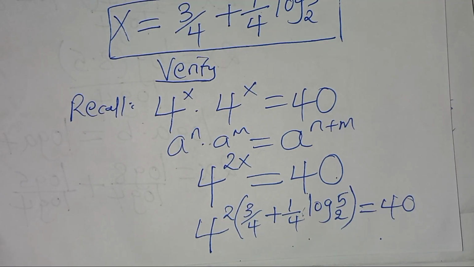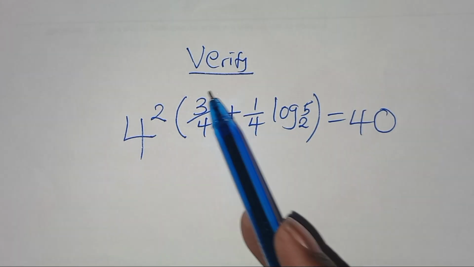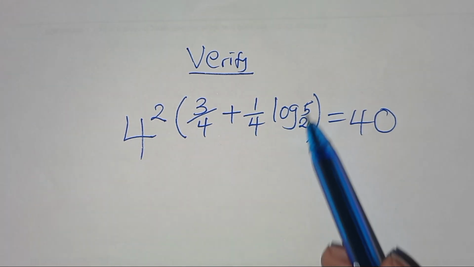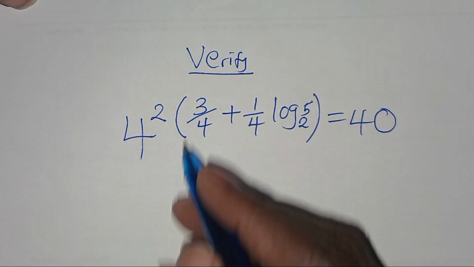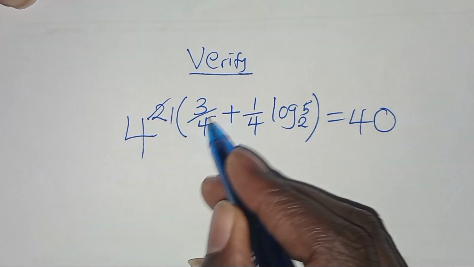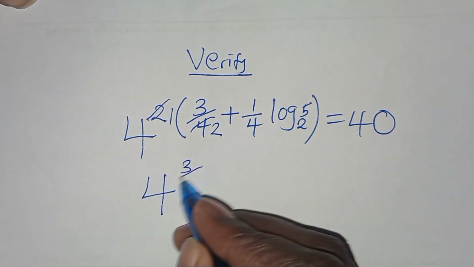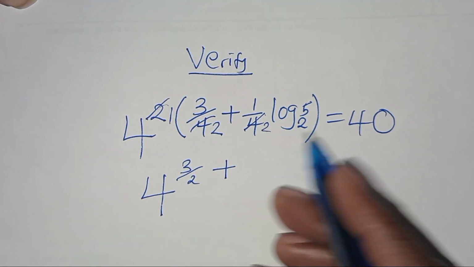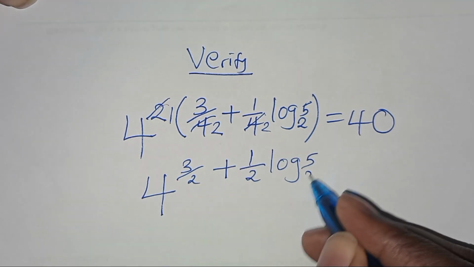Let's proceed from here. So here we have 4 to the power 2 into the parentheses 3 over 4 plus 1 over 4 log 5 to base 2. This is equal to 40. So let's simplify here. This is the same thing as 4 to the power 3 over 2 plus, now we simplify again here, half log 5 to base 2.